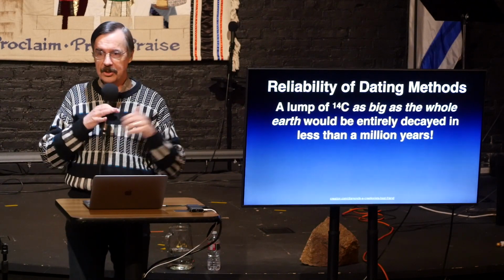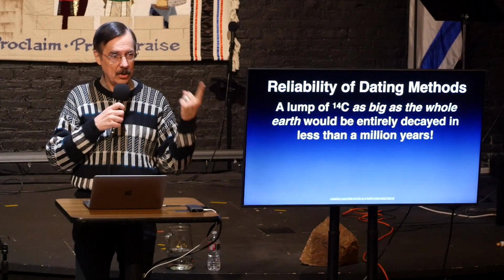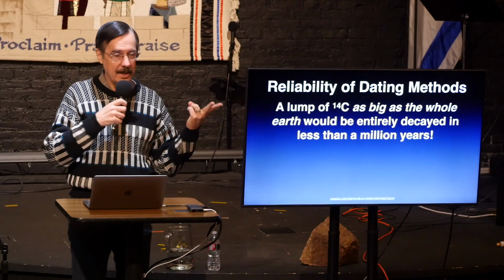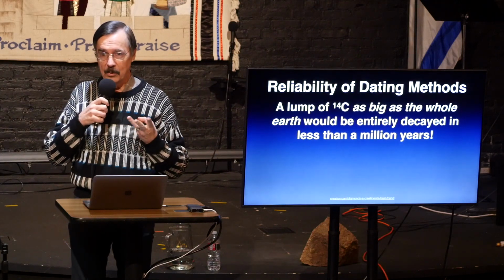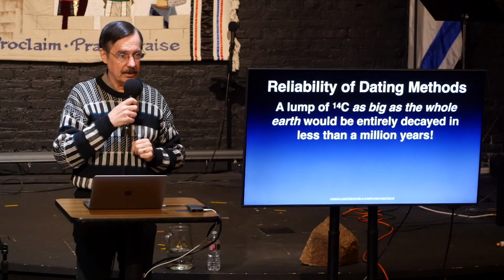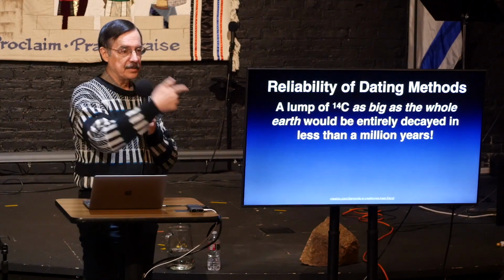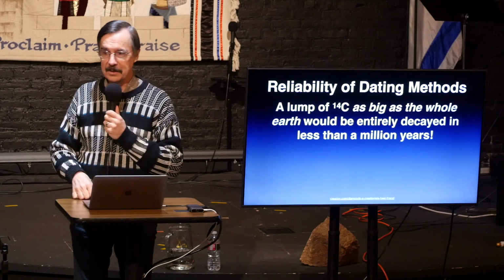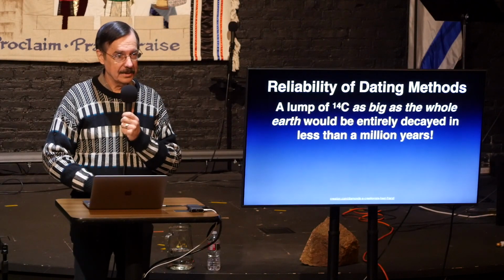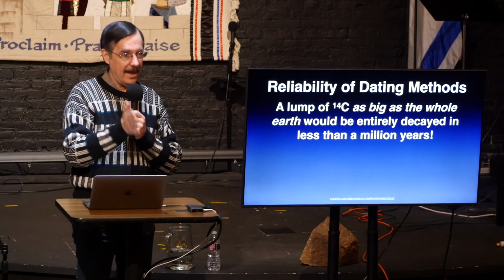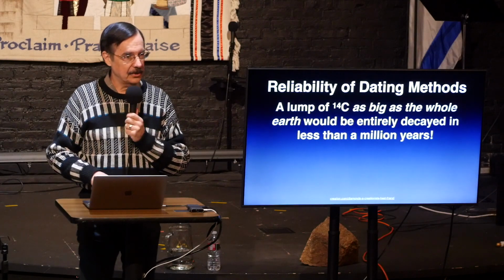I'm pretty sure those scientists who were checking the coal and the dinosaur bones and the diamonds were using a sample size smaller than the Earth. But a lump of carbon-14 as big as the whole planet would be gone in less than 1 million years. 168 half-lives of 5,730 years.